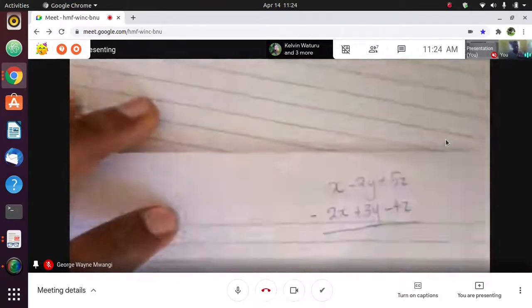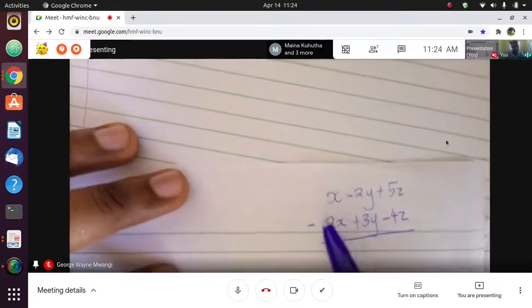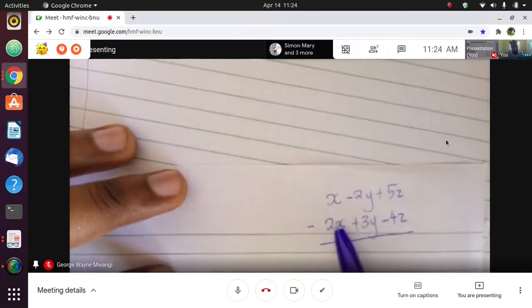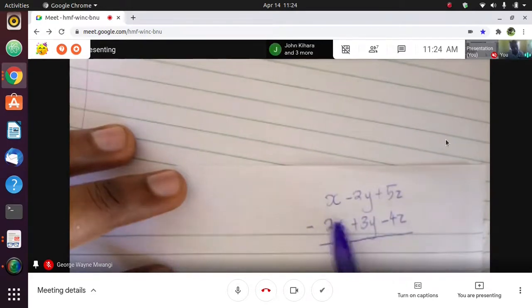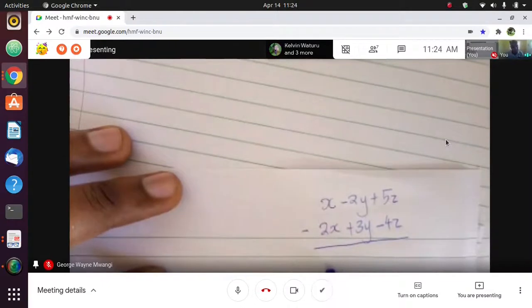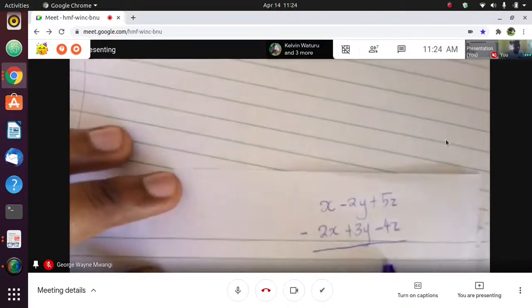That is not the correct answer because we are subtracting. When you take x minus 2x, how much do you get? X minus 2x. We are subtracting this from this. So we are subtracting the like terms. So the values of x, the values of y, we subtract together and the values of z.